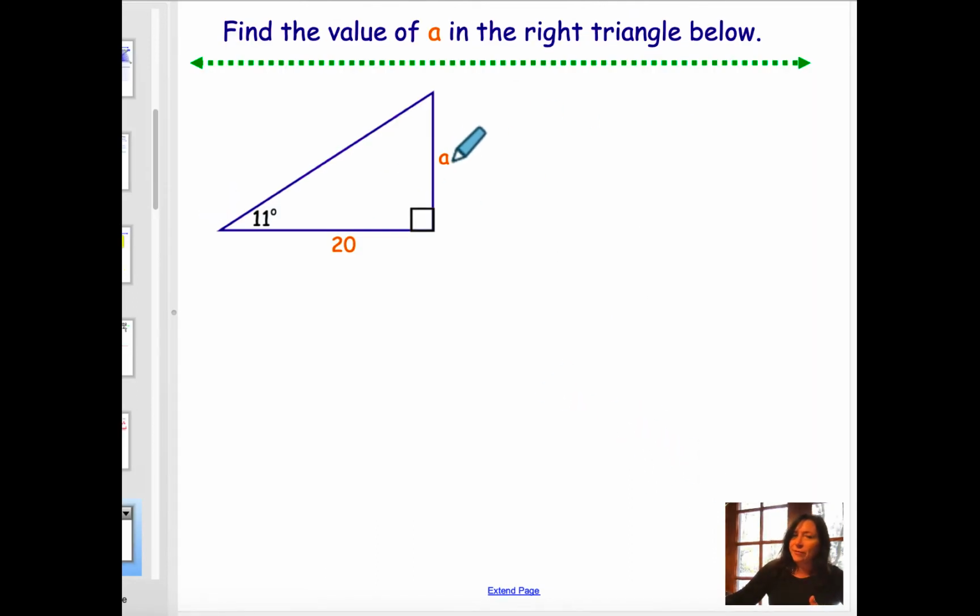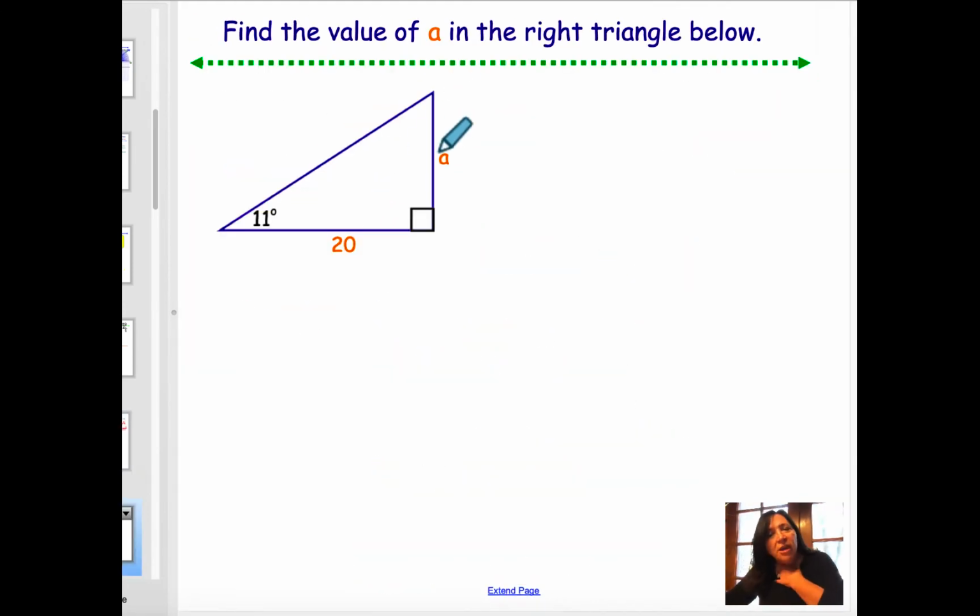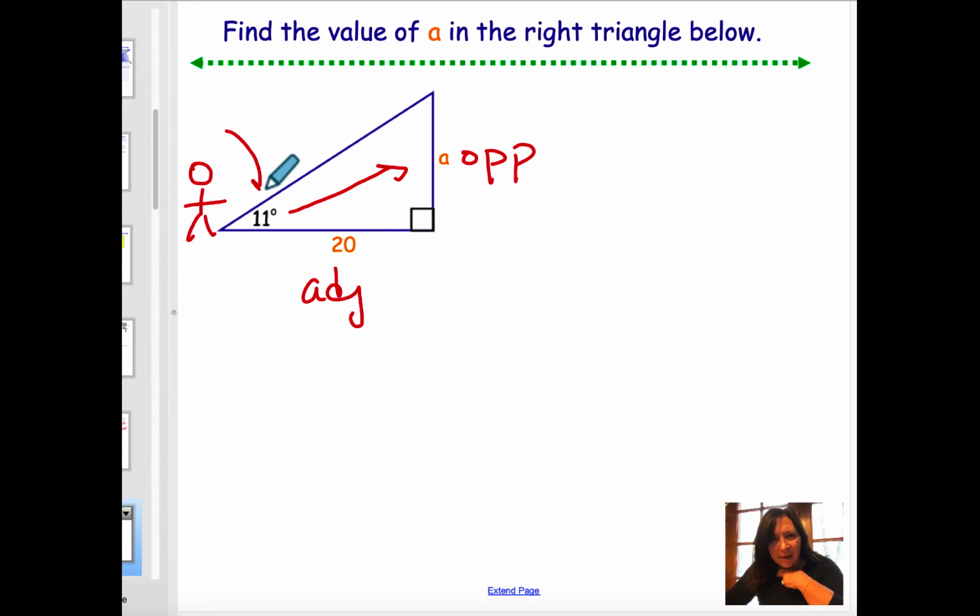Now let's find the value of a. It's actually the same place as the last problem. If we're here, what we're trying to find is the opposite side. We have the adjacent side, and we have theta, our angle.